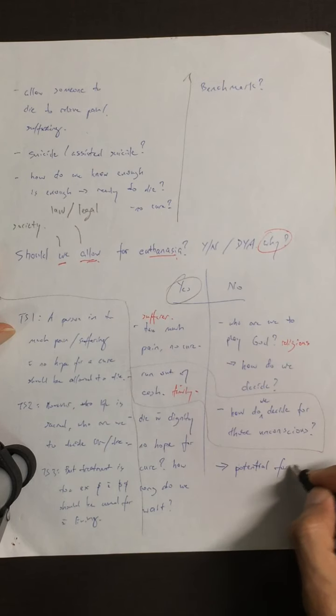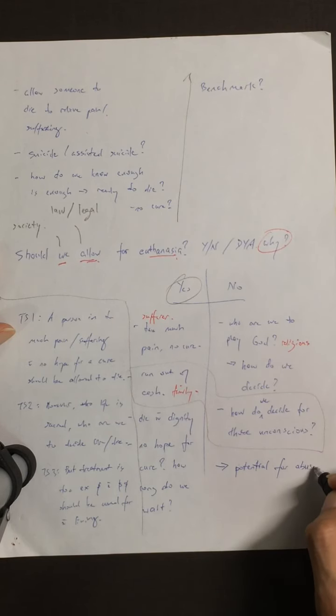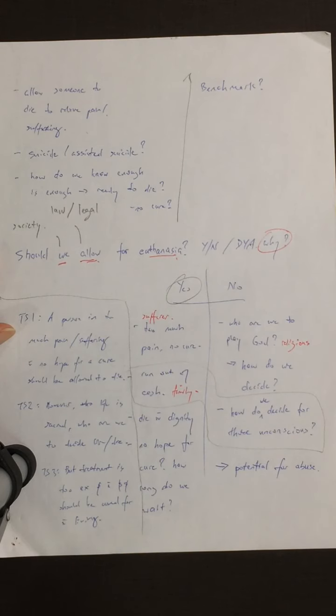So actually there is one very important point not listed here, that if we allow euthanasia, there is a huge potential for abuse, correct? And we have seen in history, there have been a few cases that certain people say, oh, this person is sick and so must go through certain treatment, or this group is not even human, and they take this as an excuse to exterminate this entire race, genocide and all that.